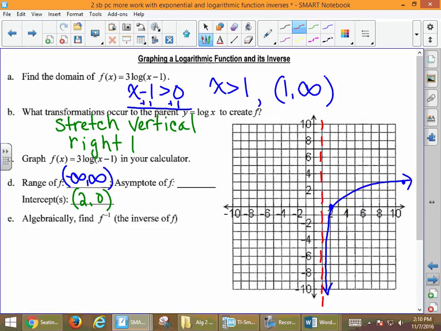It's a vertical asymptote at x equals 1. Makes sense because here's our domain. X is greater than 1, so it can't equal 1. So the red line is the place where our graph is getting closer and closer and closer to, but never quite touching.